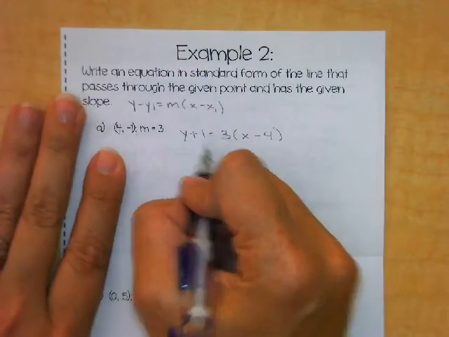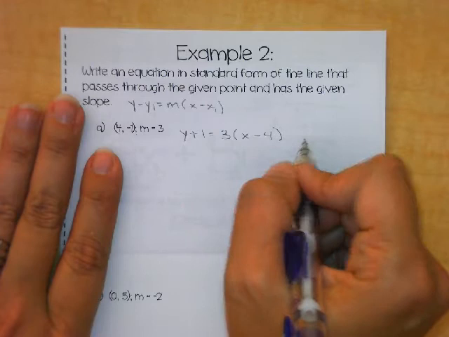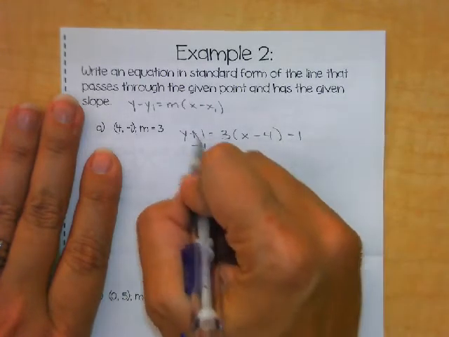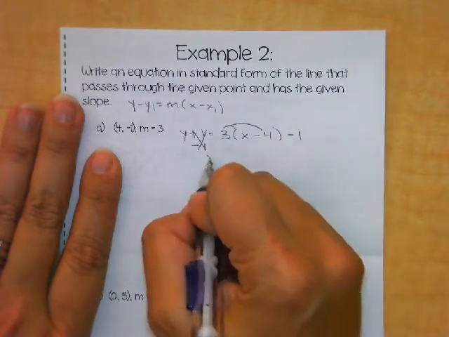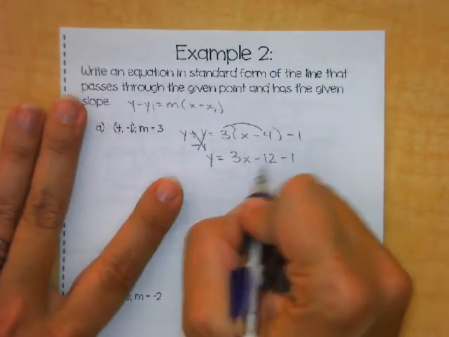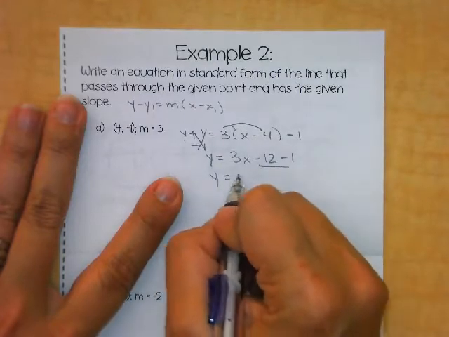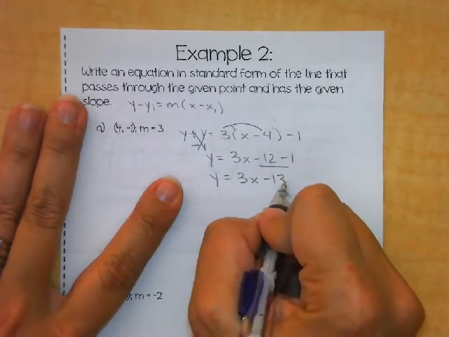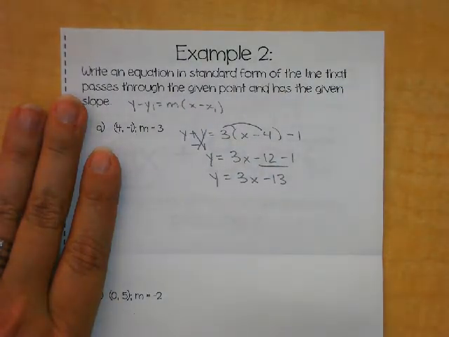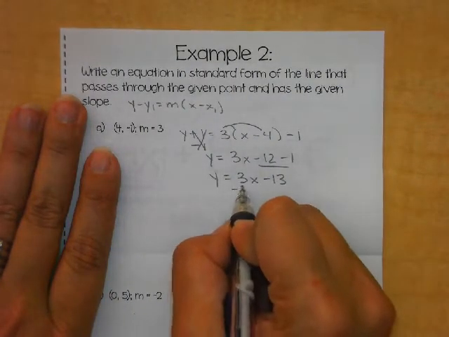And again, we're going to do what we did before to change it to slope intercept. We're going to move y1. We're going to distribute. So this is all stuff we've already done. We're going to collect like terms. But now we want the x and the y on the same side, so we're going to move the x.